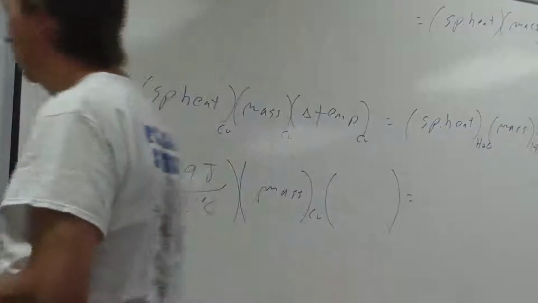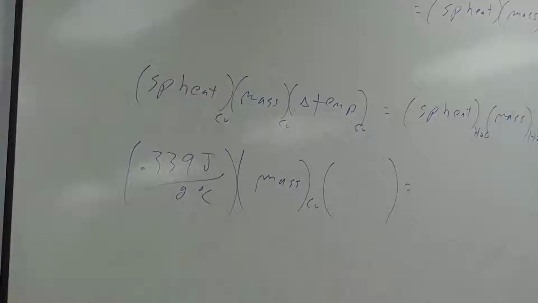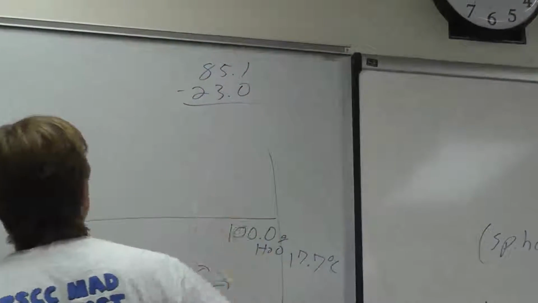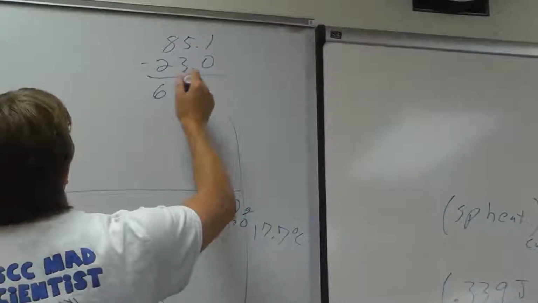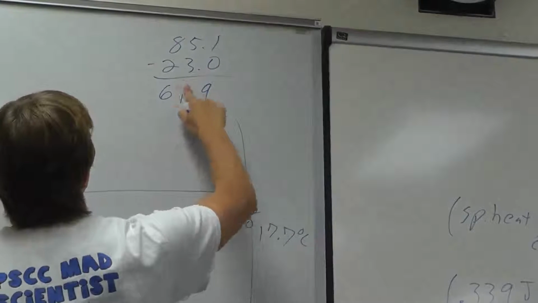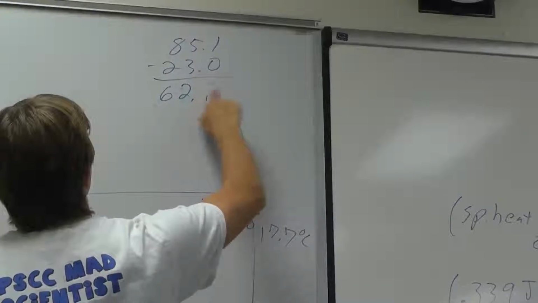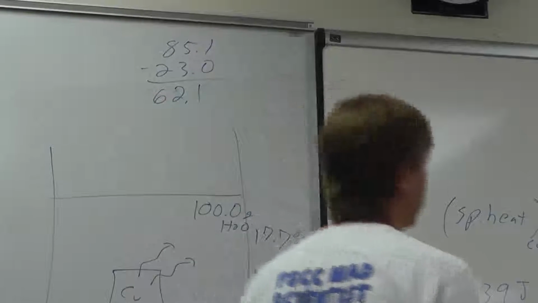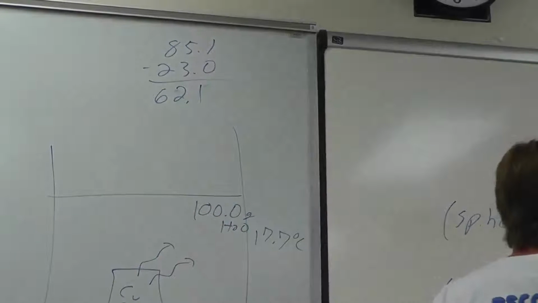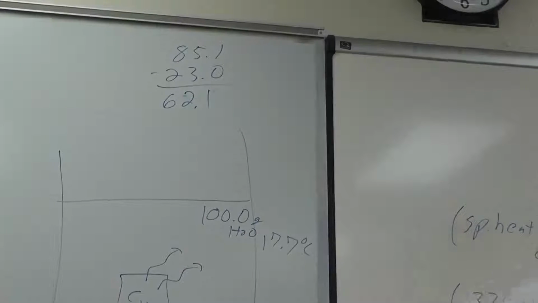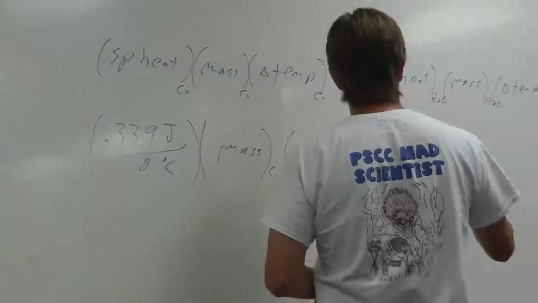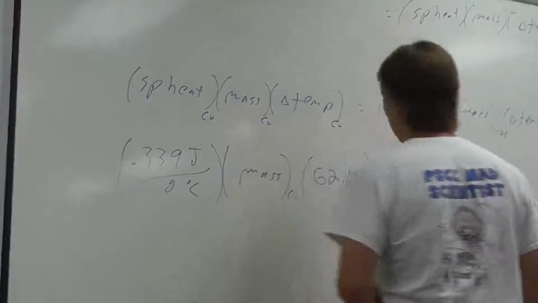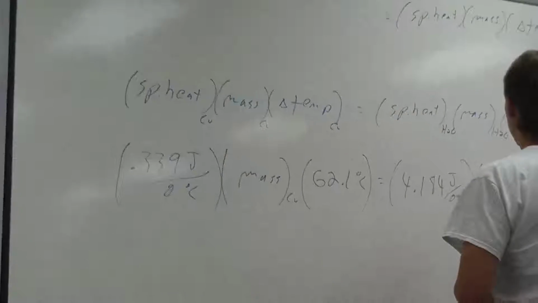Change in temperature for copper. Copper started at 85.1. It winds up at 23.0, so that is 62.1. Specific heat of water is a constant. Mass of water was 100 grams.